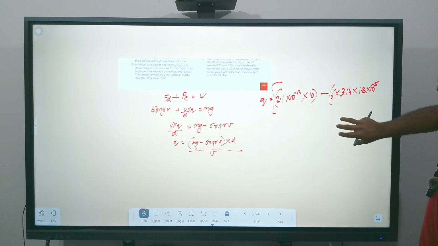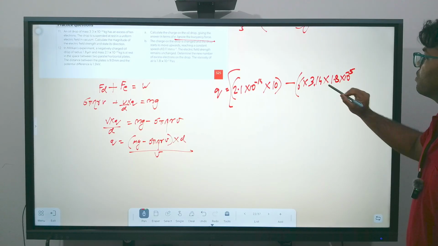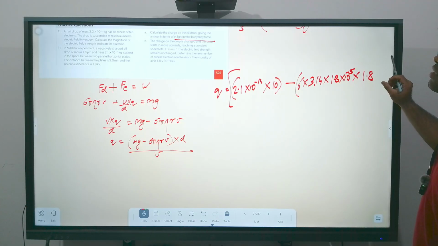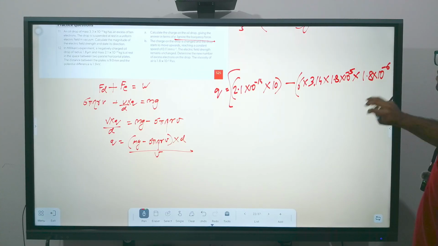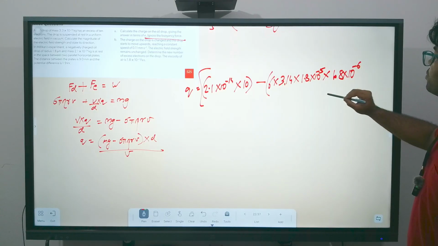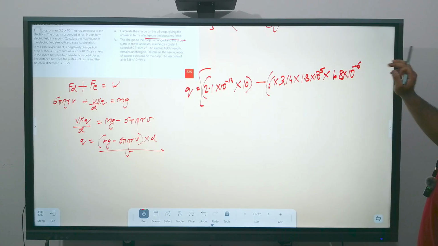R is coming out to be 1.8 micro, into 10 to the power of minus 6. Oh my god, it's going to be huge. Multiplied by 6 pi n r v, v is 0.11.